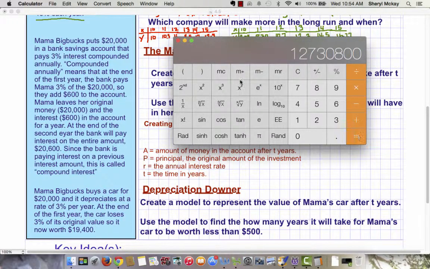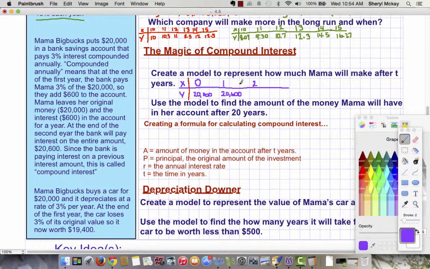So 618 onto 20,600 would be 21,218, right? 21,218. And then the third year, we would take 3% of 21,218.